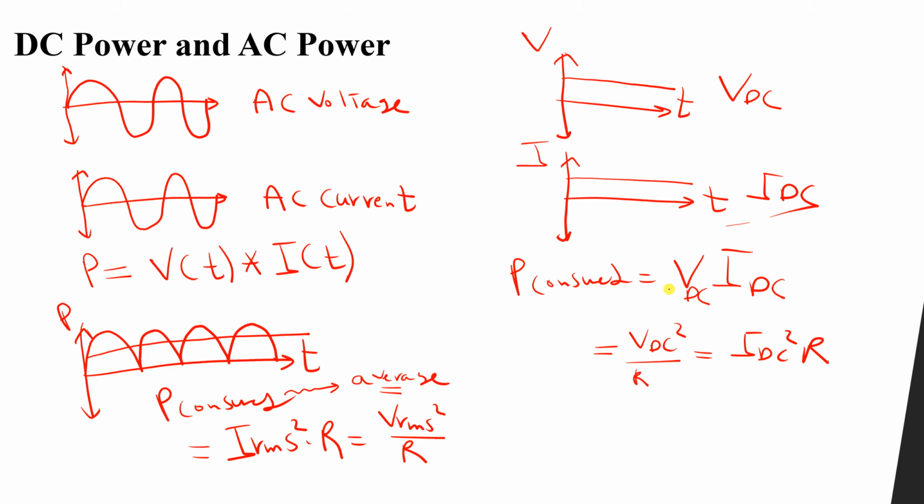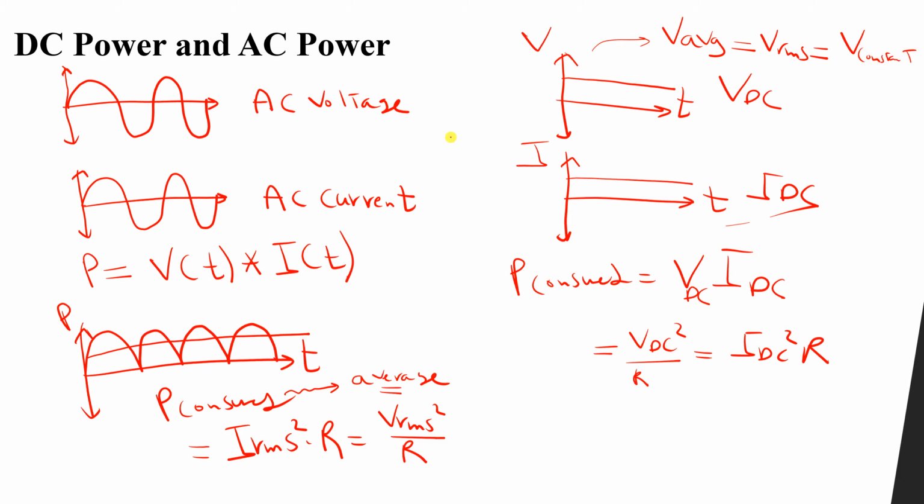Now, what does VDC mean here? VDC is the DC value, which is constant. Remember that in a DC system, the average value V average is similar to V RMS, similar to the constant value.